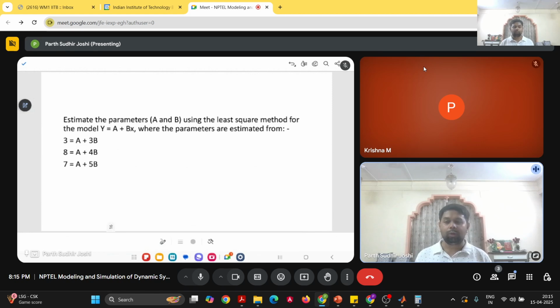In our next problem, we have to estimate the parameters a and b using the least square method for the model which is given here, y equal to a plus bx.